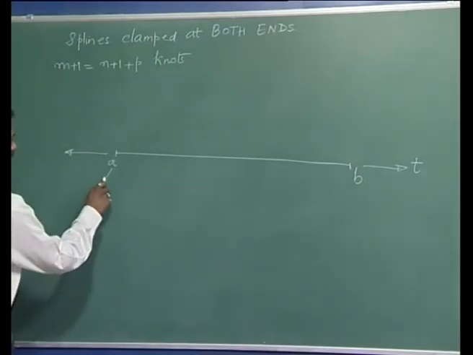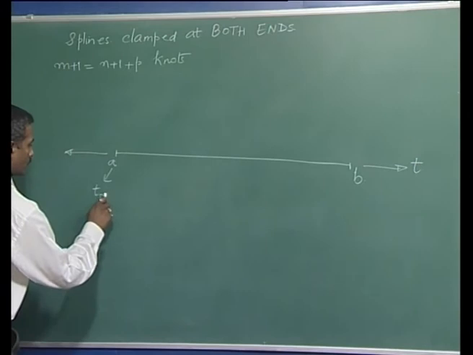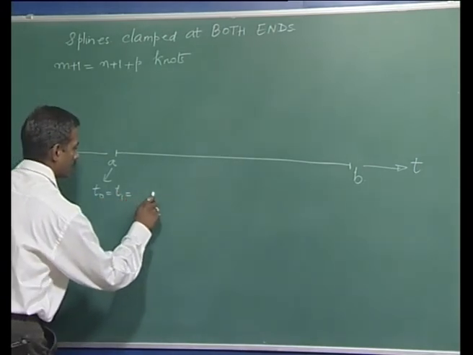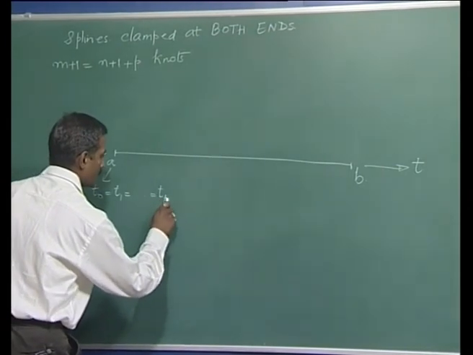So, we have said that T0 equals T1 equals up till Tp minus 1.